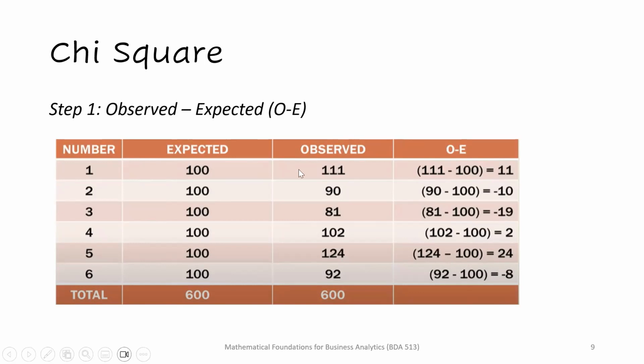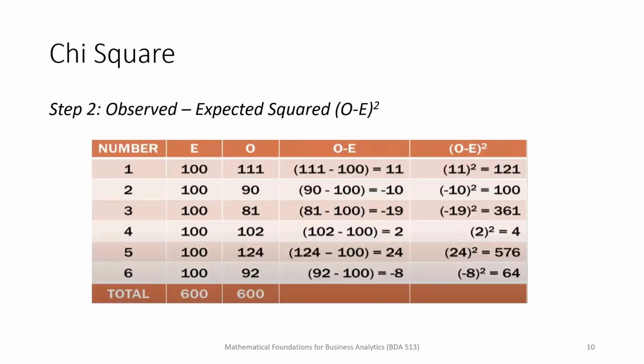It doesn't really matter which one comes first, because we are going to square it, so it doesn't make a difference. So we have expected and then observed, O minus E. This one gives you 11, the other one gives you negative 10, this one negative 19, 2, 24, 8.